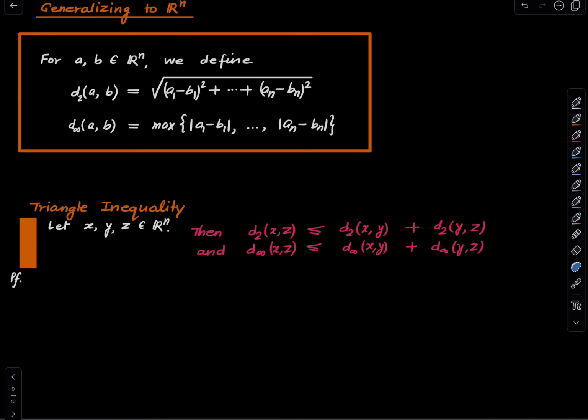Right. So we will be leveraging some facts from linear algebra. So let W be equal to x minus z, U as x minus y, and V as y minus z.